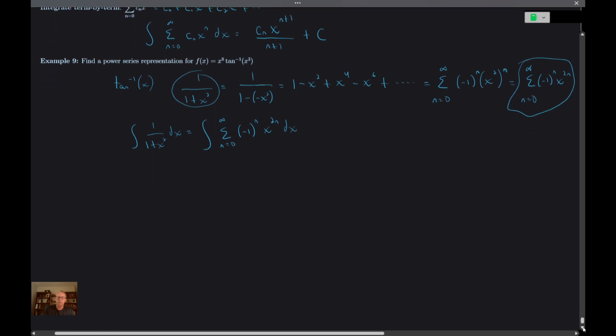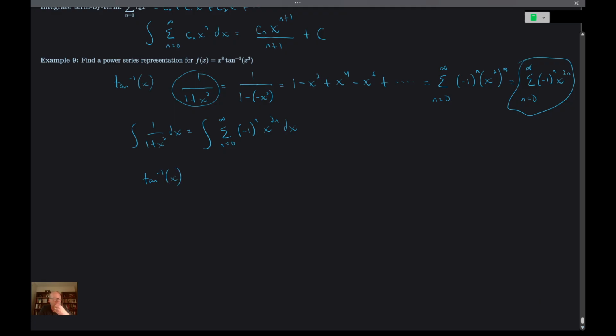The integral of 1 over 1 plus x squared dx is just arctangent of x. And when we integrate this, of course, we'll get the sum from 0 to infinity of negative 1 to the n, so that's not going to change, x to the 2n plus 1 over 2n plus 1, plus c.